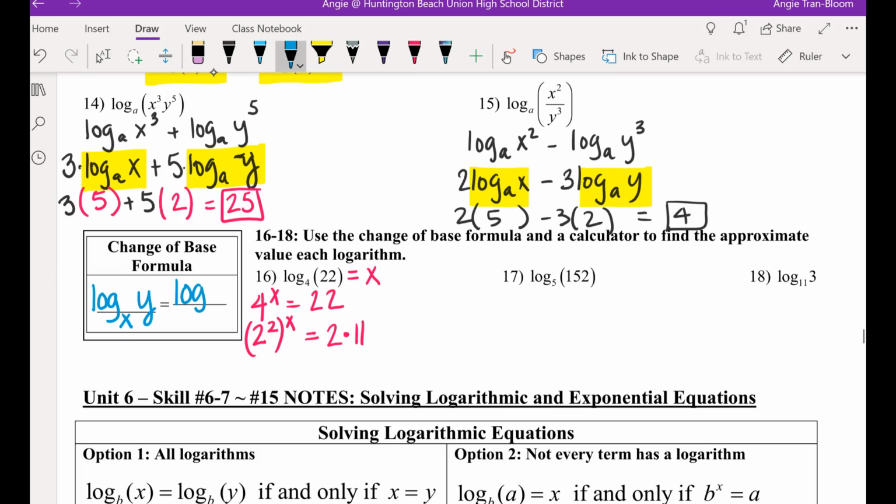I can punch in log of y divided by log of x. Can you see on the right side of the fraction what the fraction is? I don't have a base at all. What base is it? Not 1. We've been talking about if you don't see a base, it's always what base? 10. It's a common base, which is what most calculators are programmed to do.